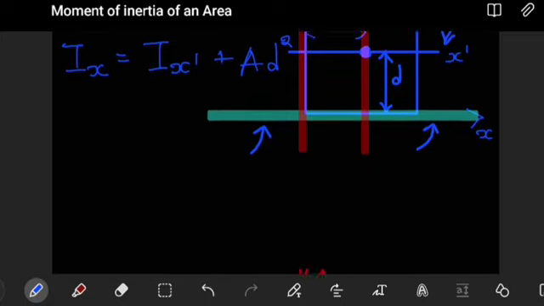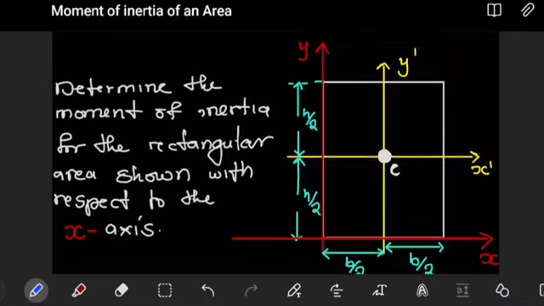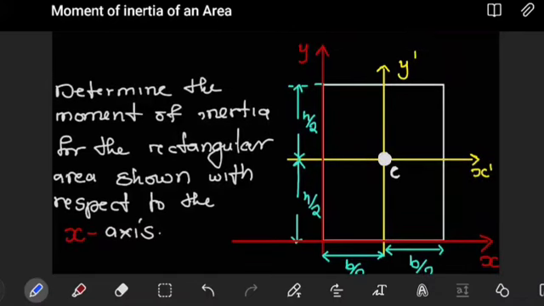Now consider this case here, this question. In this question, they are asking us to determine the moment of inertia for the rectangular area shown with respect to the x-axis. So the x-axis is way at the bottom here.